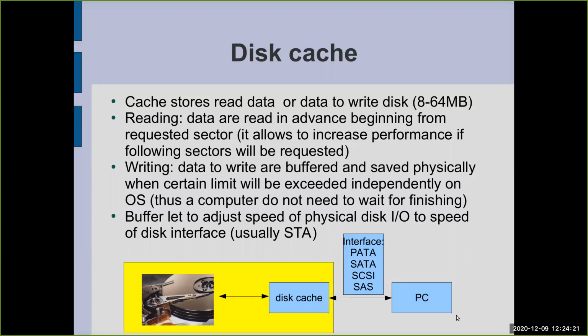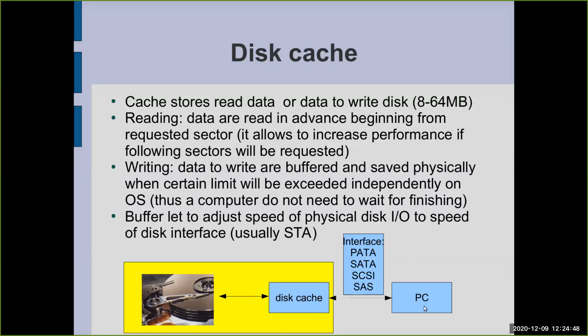But if you want to, for example, write a 1 terabyte file, it doesn't matter whether you have 32 megabytes or 64 megabytes of cache. The transfer rate will be limited by the hard drive performance.